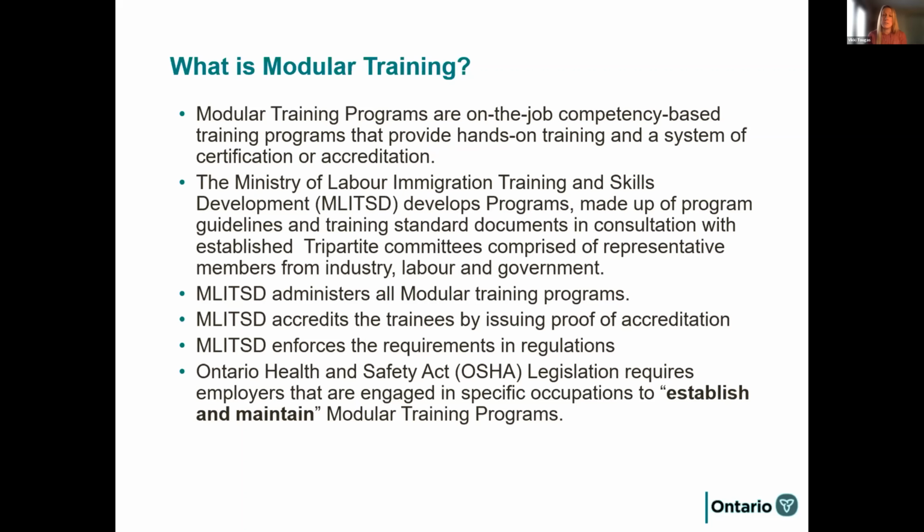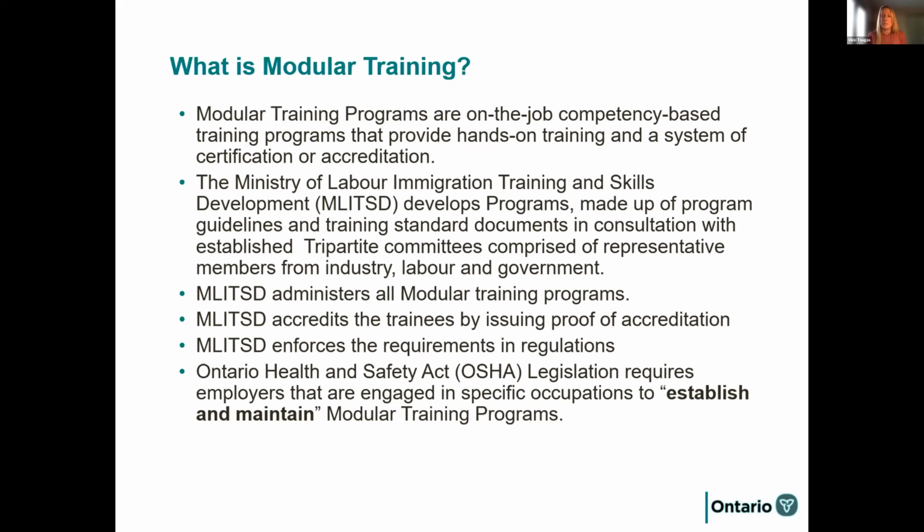The ministry administers all the modular training programs, and the ministry also provides the trainee with proof of their training and their accreditation. The ministry also enforces the requirements in the regulations. And the Occupational Health and Safety Act, OHSA, legislation requires that employers who are engaged in specific occupations establish and maintain modular training programs.